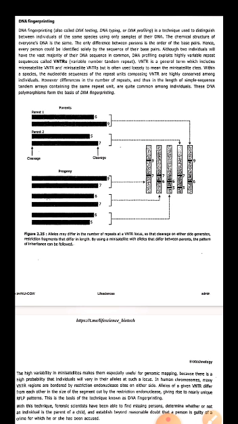The only difference between persons is the order of the base pairs, ATCG: adenine, thymine, guanine, and cytosine. This is the only difference between all organisms. Hence, every person can be identified solely on the sequence of their base pairs.